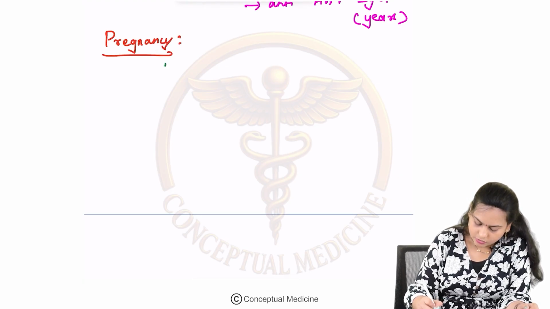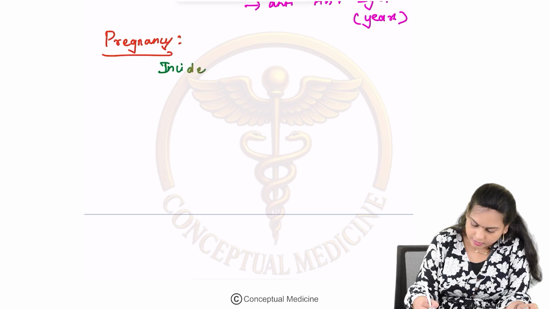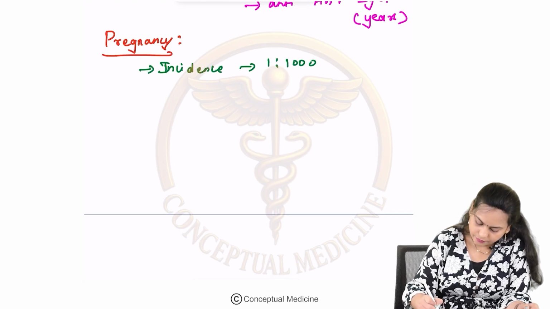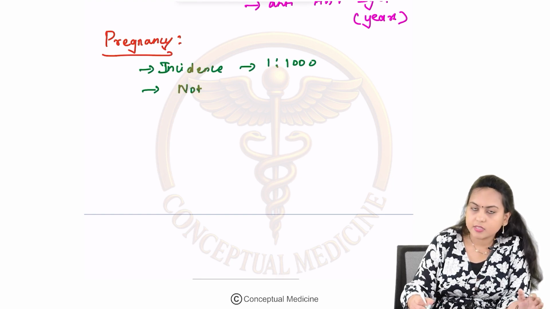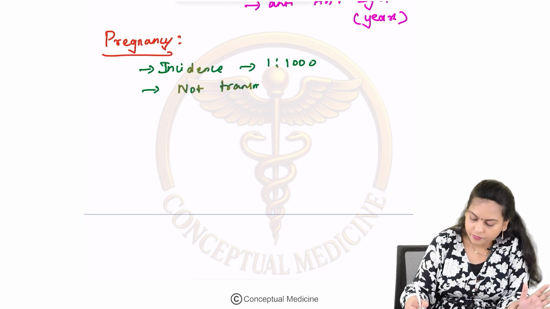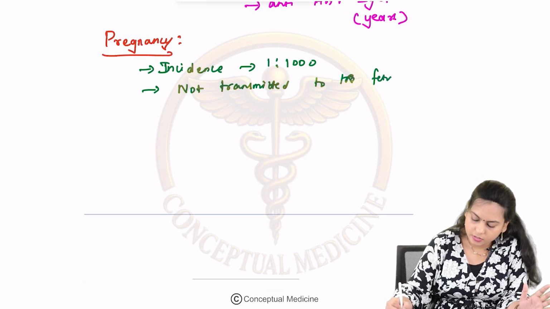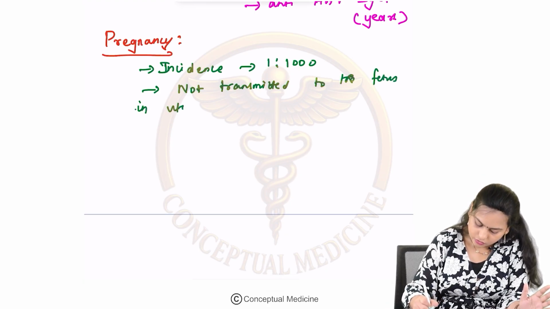Next, we will see the importance of this infection in pregnancy. In pregnancy, the incidence is around 1:1000, and this is not transmitted to the fetus in utero.